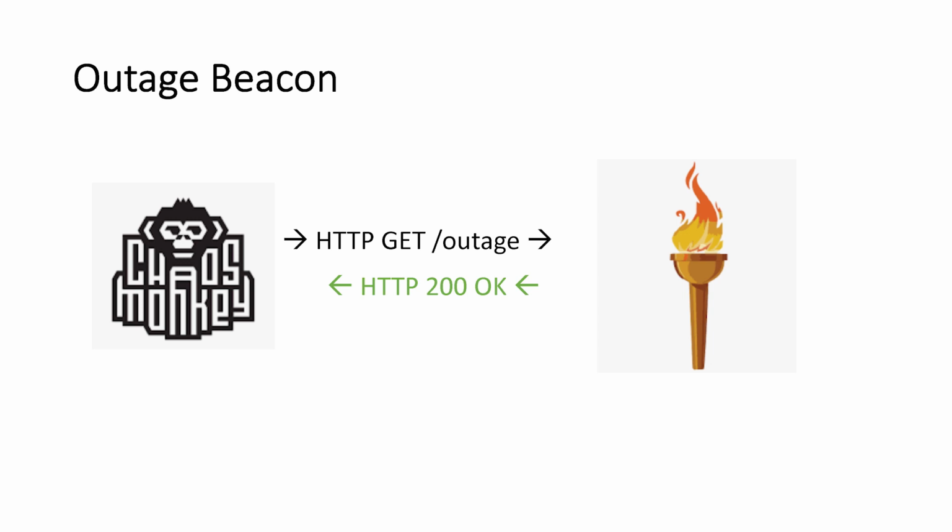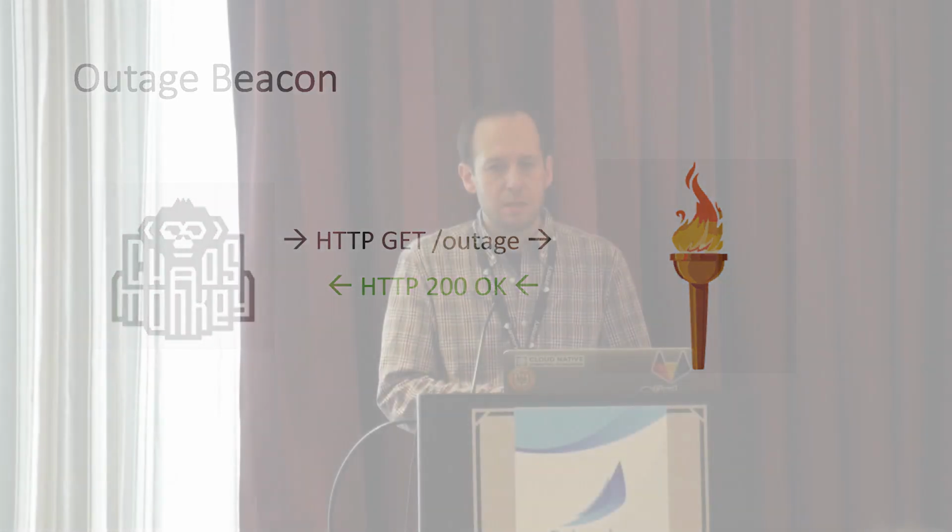Anything else is an outage. So Chaos Monkey can reach out to this beacon at termination time and skip the termination if that outage beacon is lit. So if you're experiencing some other outage or some other diminished capacity, you know that Chaos Monkey will not be active as long as it's lit.